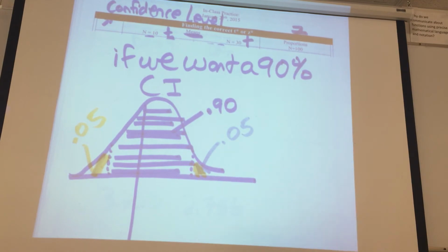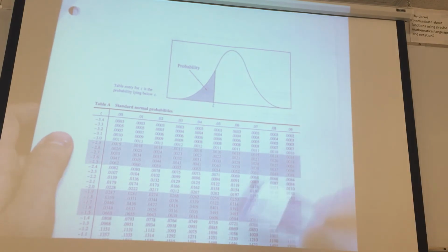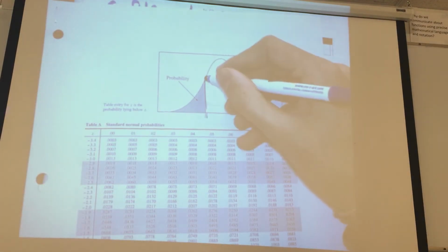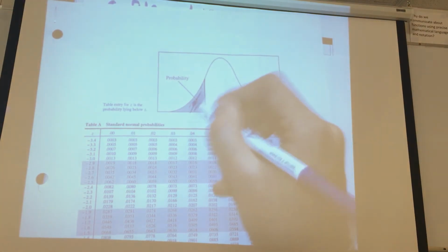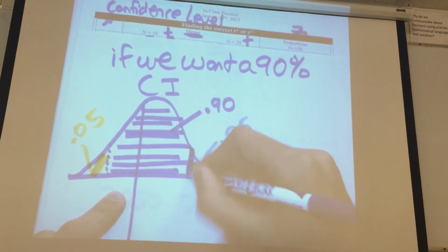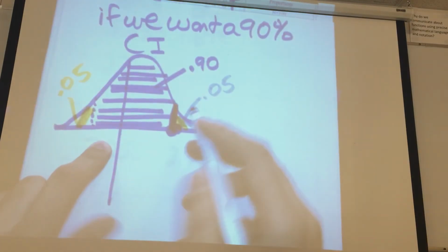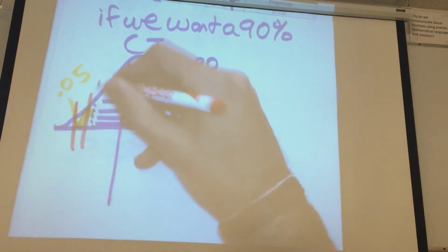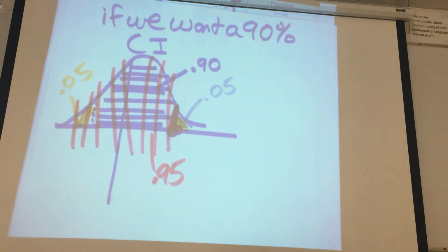Now, unfortunately, this table is not presented that nicely. The way the table is presented is, they give you the value right here, and they calculate all of this area back here. So when we want a 90% confidence interval, we want to get this number right here. So how much area is actually back here behind it? Not 90%, but 95%.